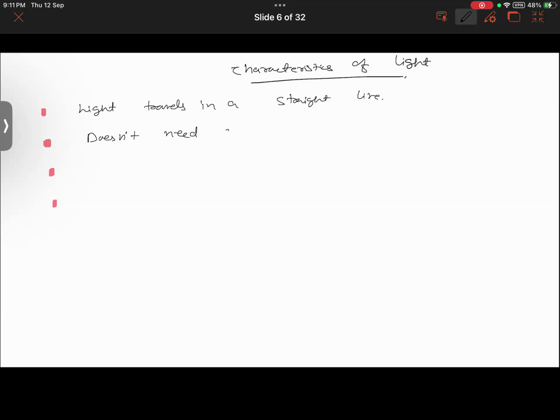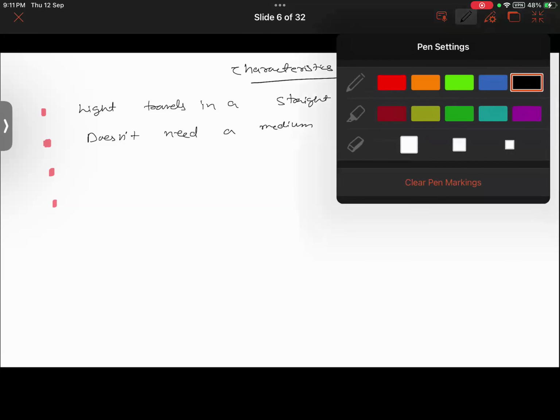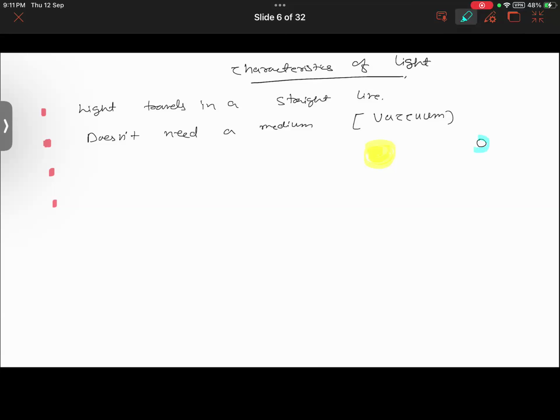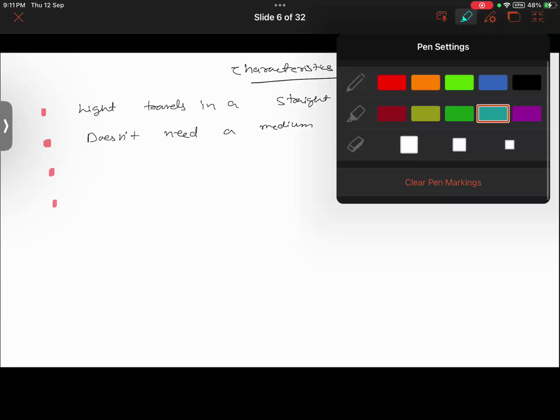So what evidence do we have for this? We get to see that light can travel through vacuum also, like in between the sun and the earth. Here we have the earth, and this is the atmosphere of the earth, the layer of air around the earth.